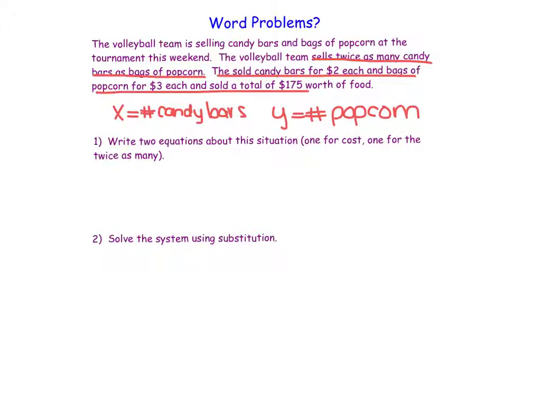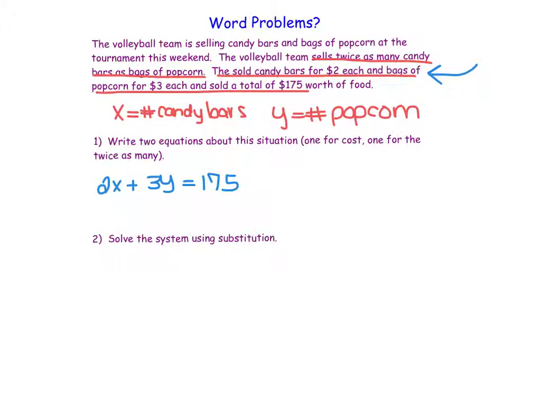Now, the one equation that I can see in here for sure is a cost equation. I sold candy bars for $2 each and bags of popcorn for $3 each. So in order to calculate my cost, it would be 2x plus 3y is equal to a total in sales of $175. So that equation in blue represents my cost situation.